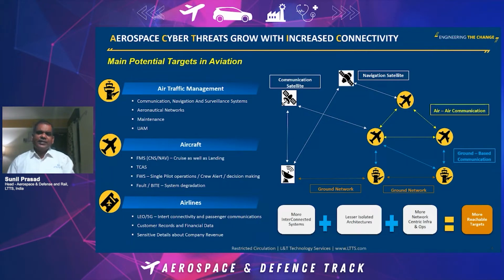and how we are looking at securing them. First, let us look at air traffic management. In the very first slide, I talked about how the urban air mobility space is getting defined. But that is new. Even if you look at the existing aerospace air traffic management system, the data communications were developed decades ago.